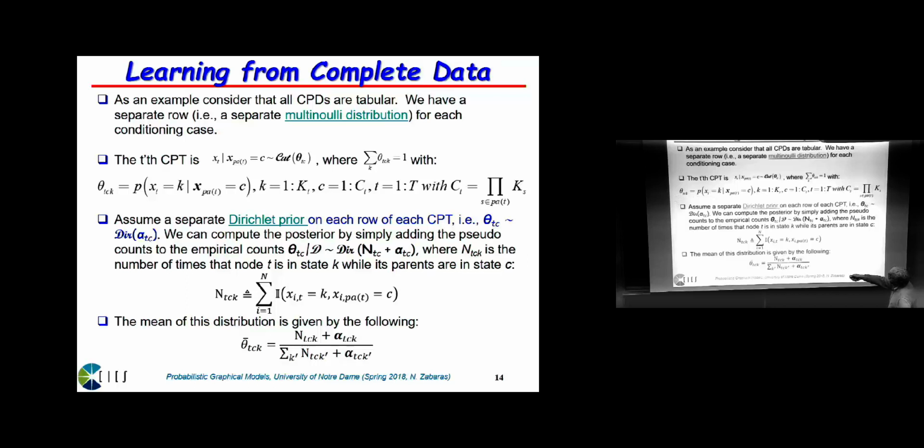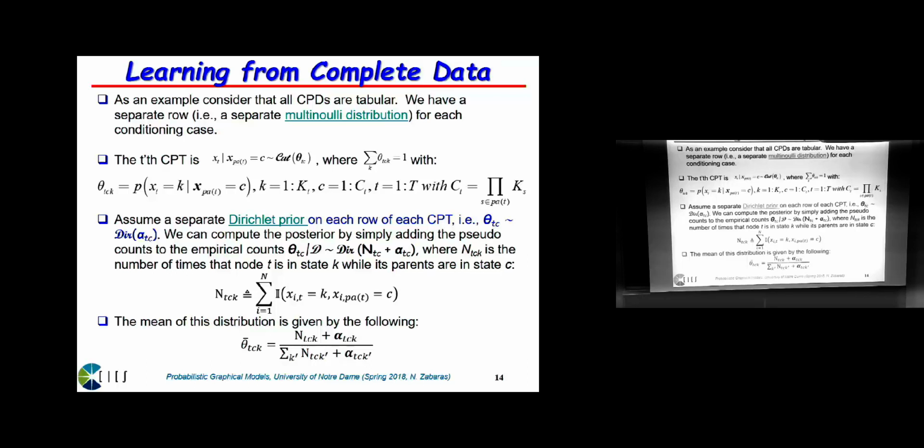t is the node, k is the value that xt will take, given that the parents are in state c. We're going to assume that there are kt states for node t. We're going to assume that the parents can take values from 1 to Ct, and Ct is what?